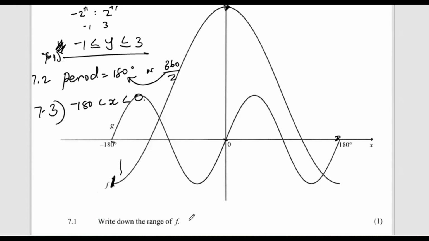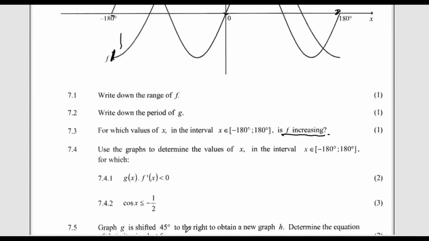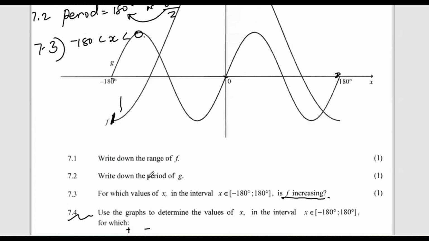Then we have next 7.4. Use the graphs to determine values of x for which g of x times f prime of x is less than 0. So f prime is more like the first derivative or the gradient, in this case. So if I have this as a plus and this as a minus, or this as a minus and that as a plus, where do I find g to be above while f is decreasing?